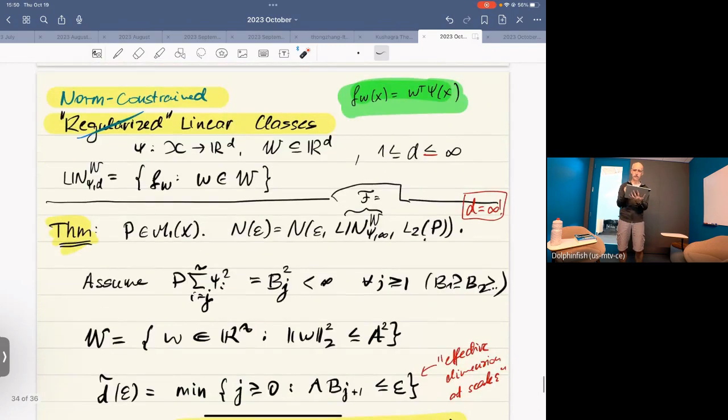So the feature function psi has a bunch of dimensions. If D is finite, it just has finitely many dimensions, but it could have infinitely many dimensions. So what you do is that you sum up the squares of these functions, so pointwise squaring the functions, and then integrate them out.